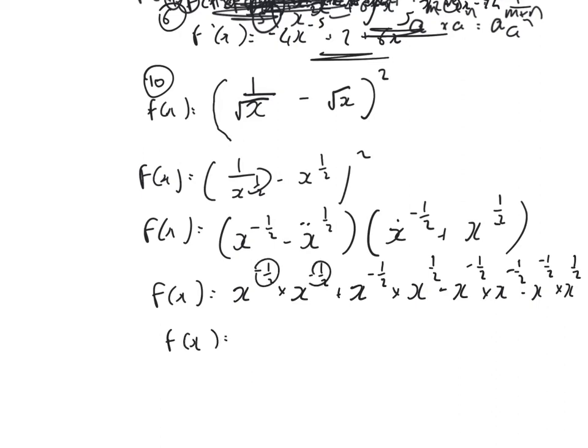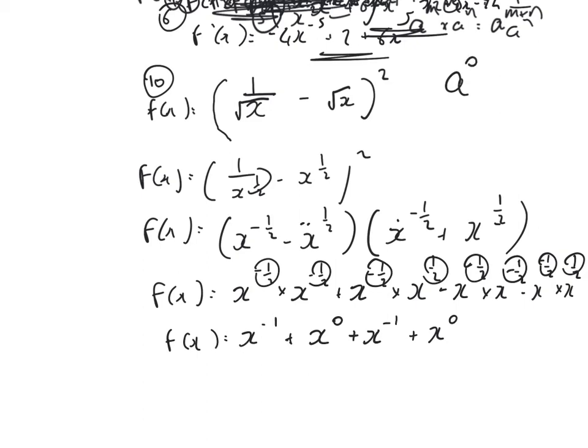Okay, minus a half plus minus a half is minus 1. Minus a half plus a half is 0, x to 0. Minus a half plus minus half is minus 1 again. And then minus a half plus a half is 0 again. Now remember, from indices, it's starting to pile up the knowledge here, so anything to the power 0 is 1.